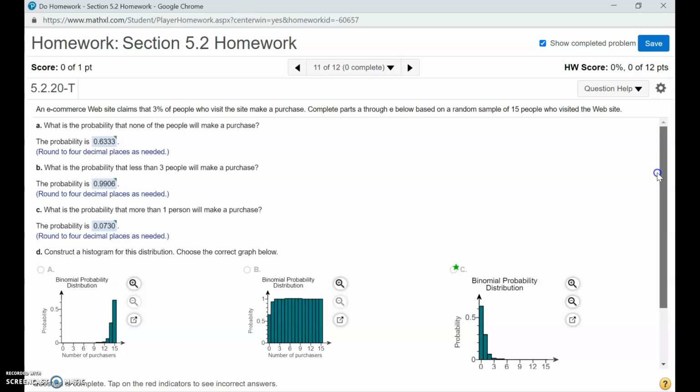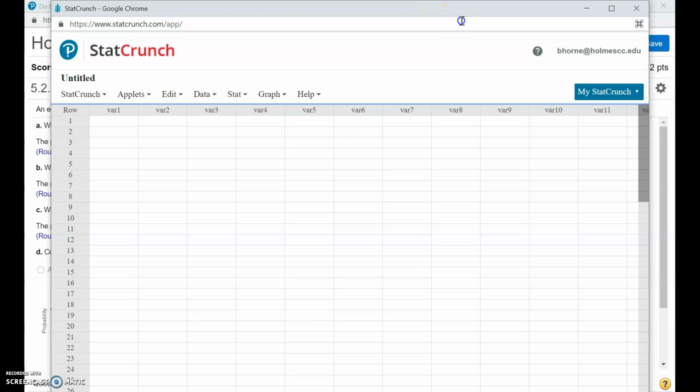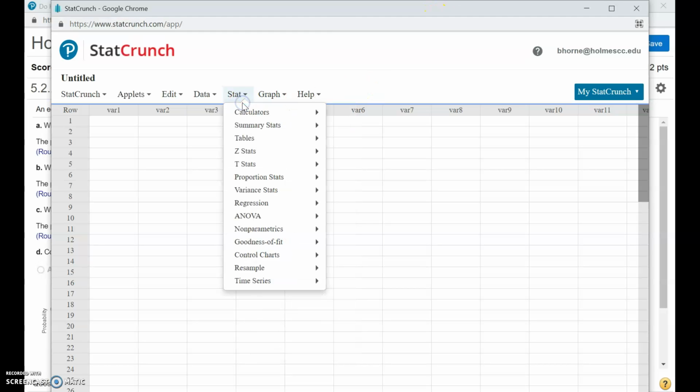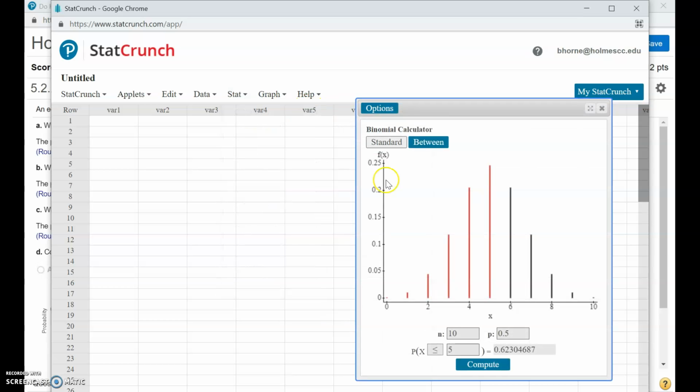On question 11, you're still going to use the Excel function, but I wanted to show you how to construct the histogram for a binomial distribution. You can do this in Excel, but I recommend just using StatCrunch. And what you're going to do is go into calculators and go over to binomial.